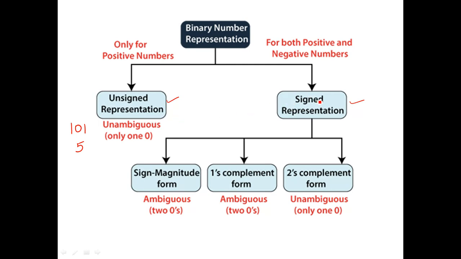Signed representation. Signed numbers contain a sign flag and this representation distinguishes between positive and negative numbers. This representation consists of a sign flag and the magnitude of a number. The signed representation is further divided into sign magnitude form.